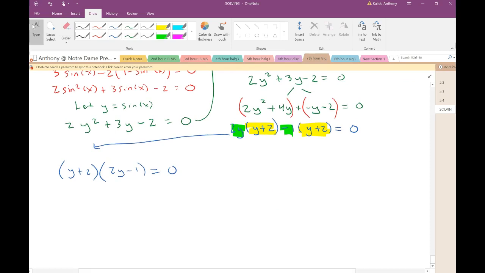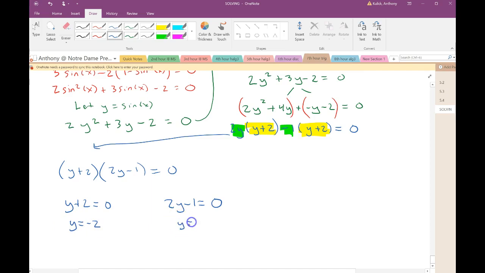I've got this into a factored form, so I can now apply the zero product property to rewrite this as two separate problems, each of them equal to 0. If I subtract 2 from both sides of the first one, I have y equals negative 2.